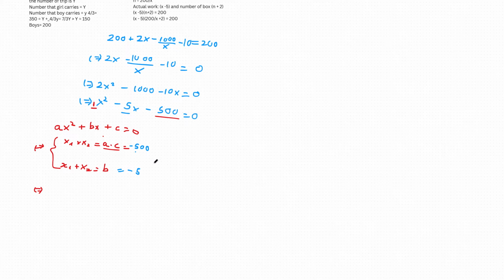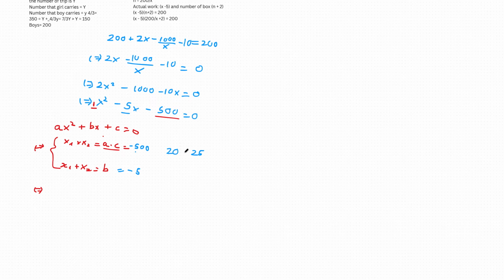So we need to find two numbers whose sum is 5 and whose product is minus 500. Perfectly, those are 20 and 25.